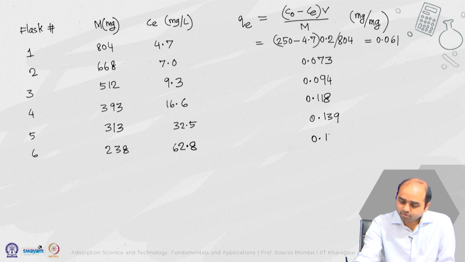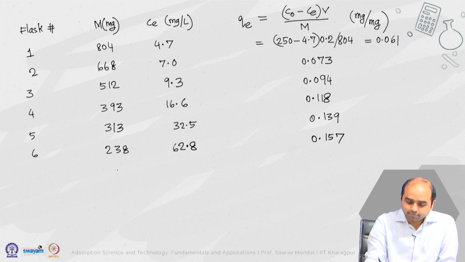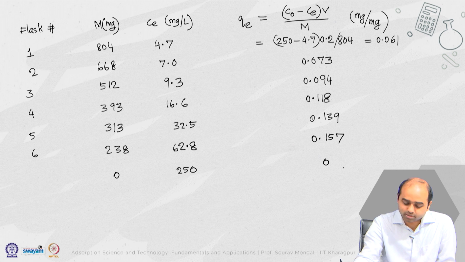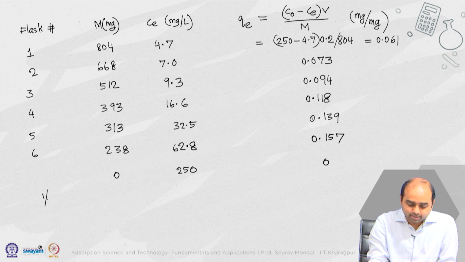Finally, when you have 0 adsorbent, the equilibrium concentration is 250 and the Qe value is 0. Now, from here you can work out the values of 1 by Ce and 1 by Qe.